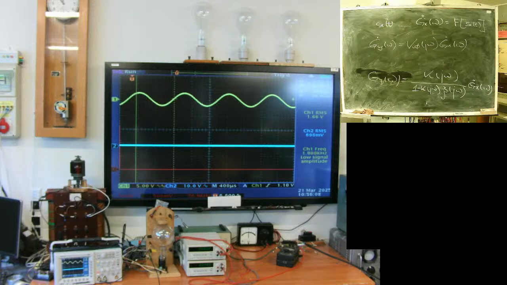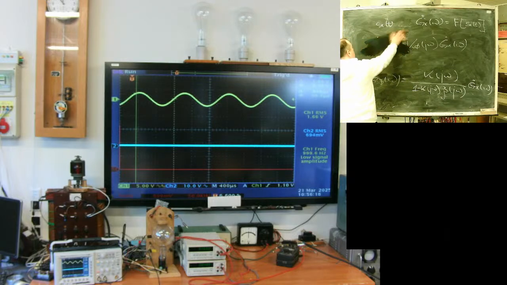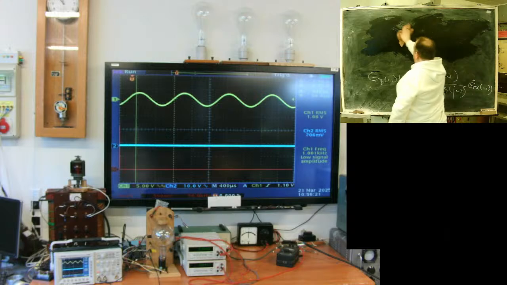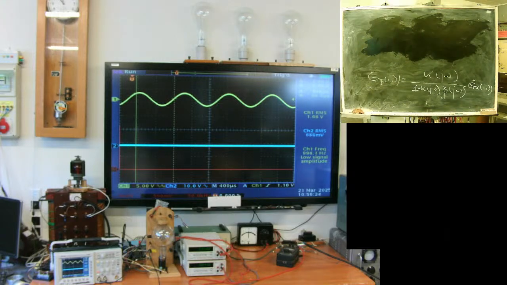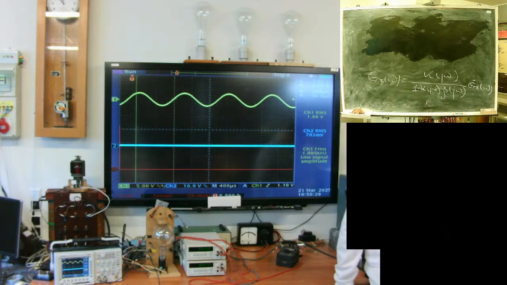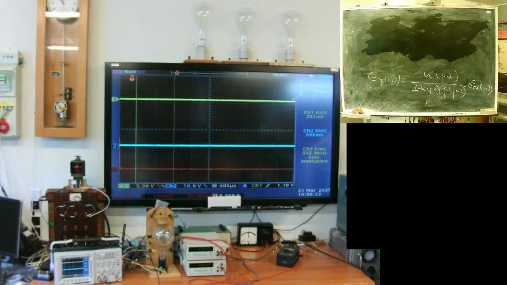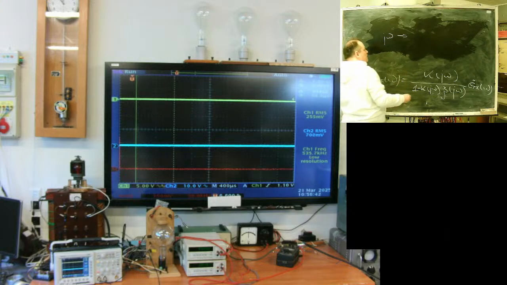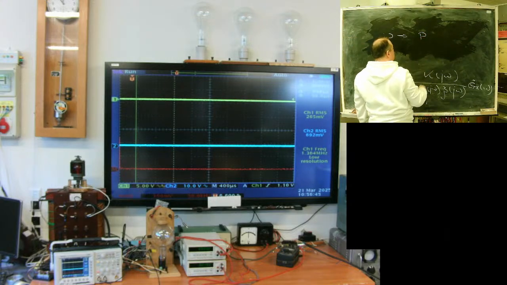Here I have the transfer function of the closed loop system. Nothing prevents me from doing one next step. What is the common form of the Fourier transform? The Laplace transform. Nothing prevents me from substituting frequency with complex frequency.